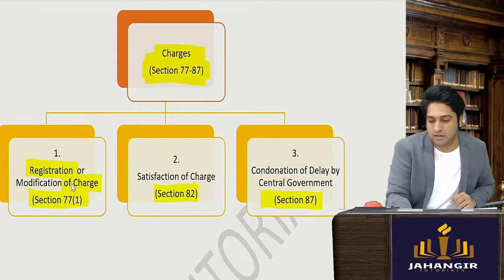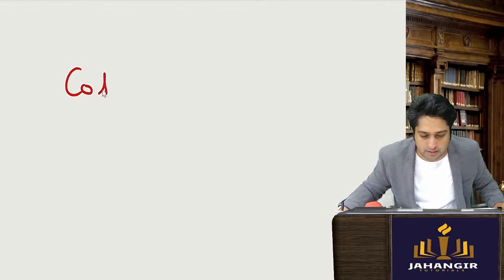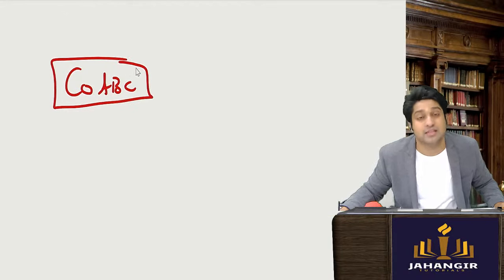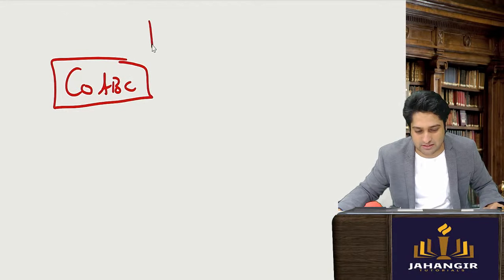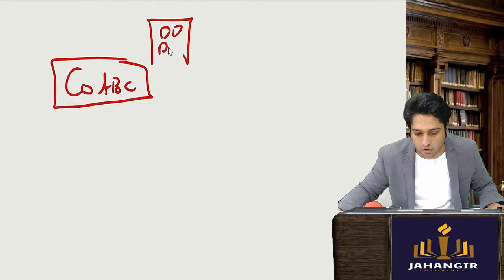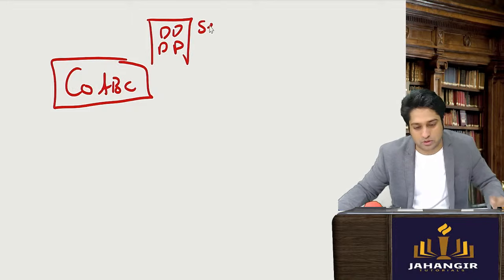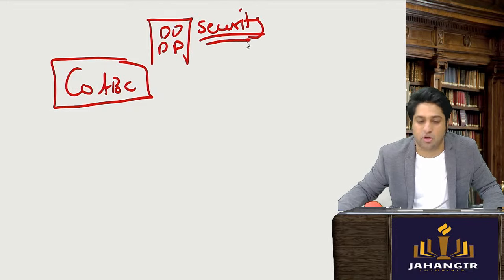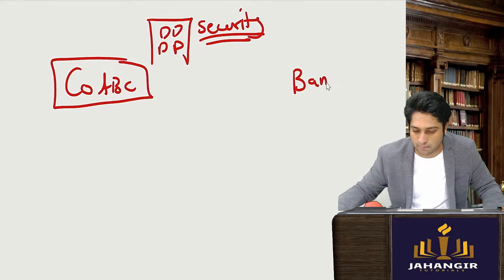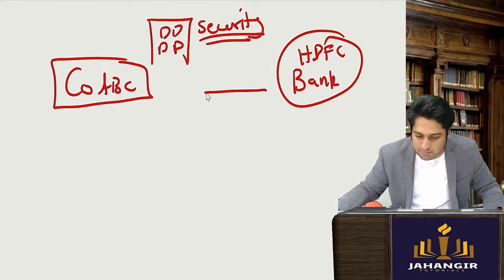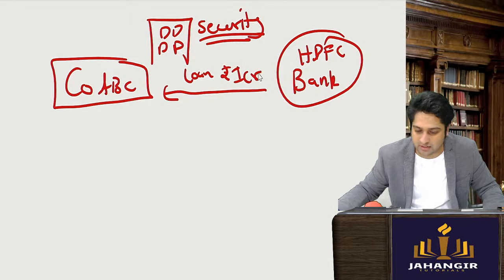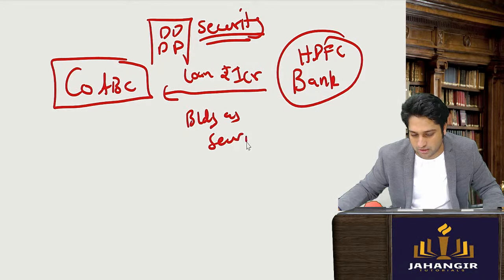Let's take an example. We have a company ABC. This company has an asset, this building, and it wants to keep it as security. They go to the bank, HDFC Bank, and say, please give us a loan of rupees 1 crore and we will keep our building as security.